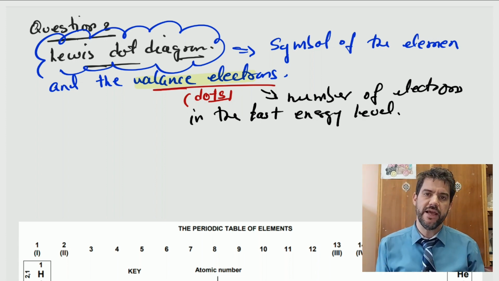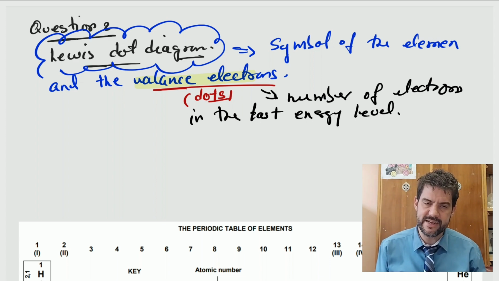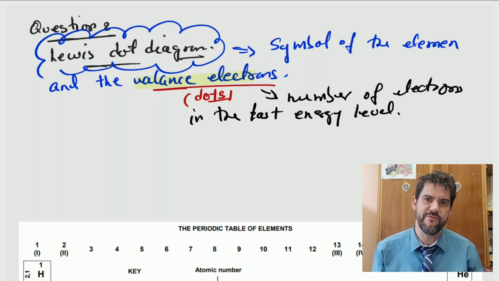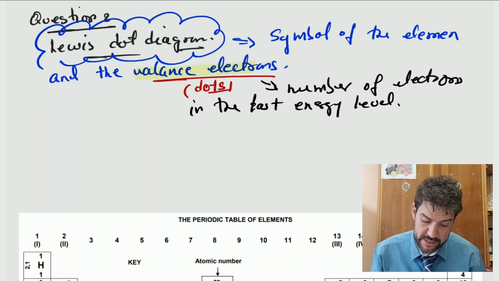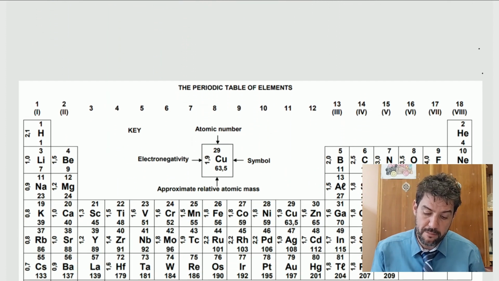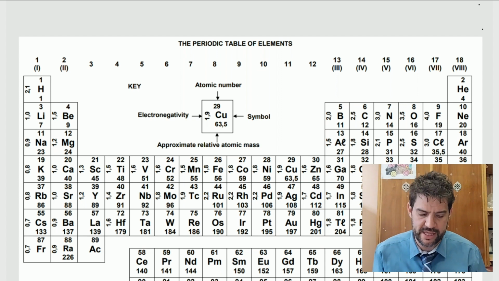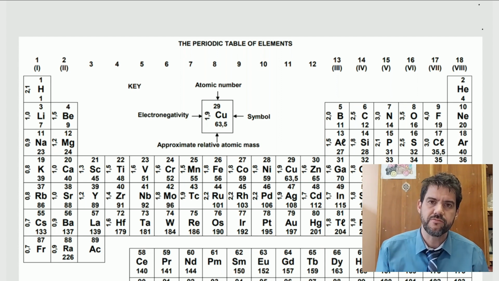So the number of electrons that you will have in the last energy level, that will represent the valence electrons. Now, from the periodic table, for the number of elements we're supposed to study at school, there is the following that we can do.